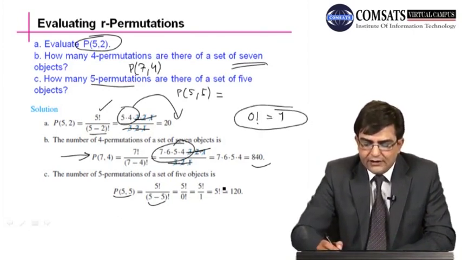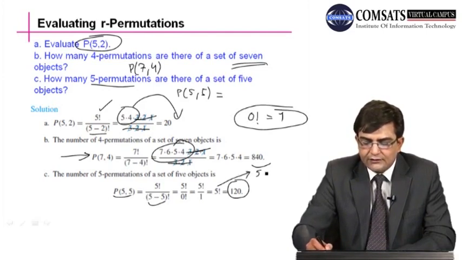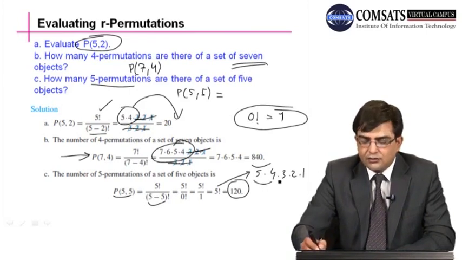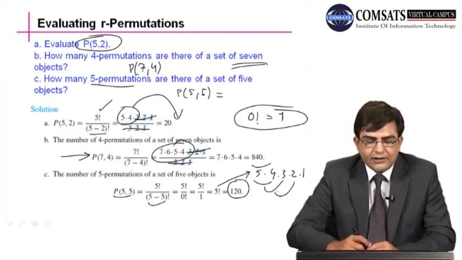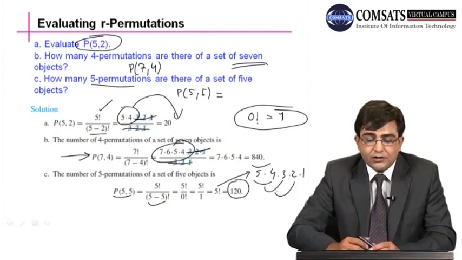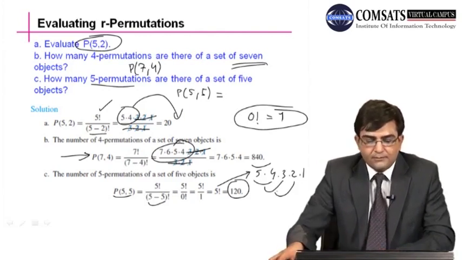So 5 factorial is 120. This is 5 into 4 into 3 into 2 into 1. So 5 4s are 20, 20 3s are 60, 60 2s are 120. This is how we can evaluate our permutation using the formula.